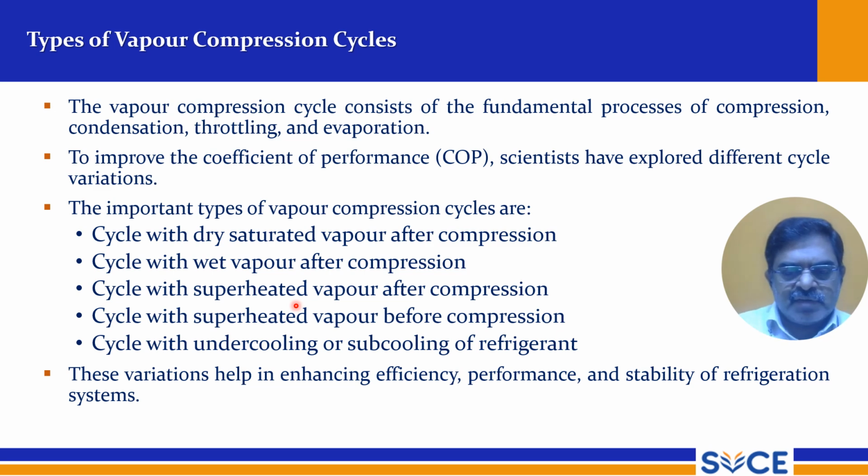We are slightly deviating or changing the working parameter, and we are getting these types of refrigeration systems, and each one has its own advantages and disadvantages. Most of these types we are going to discuss in this unit itself, and these variations help in enhancing the efficiency, performance, and stability of the refrigeration systems. These are the advantages we get by changing the working parameter in these five types.